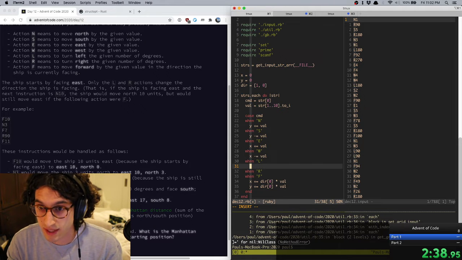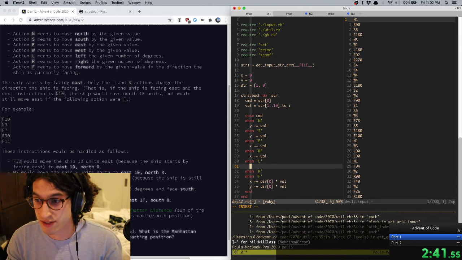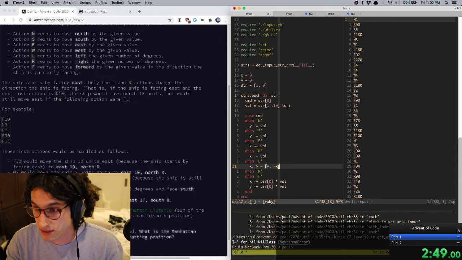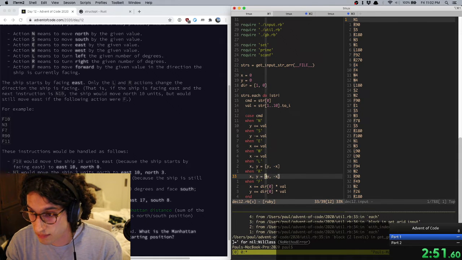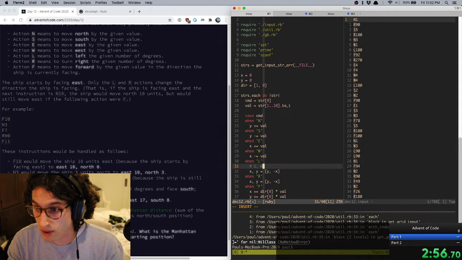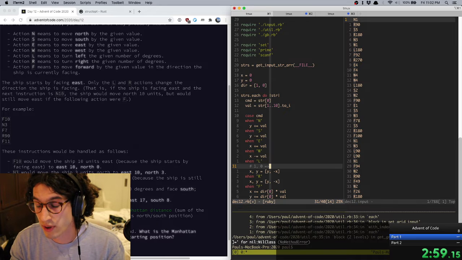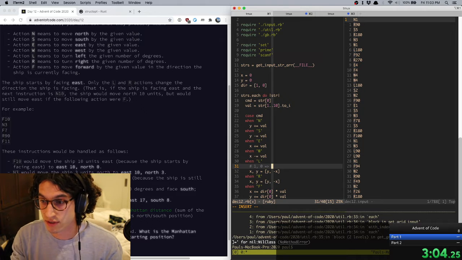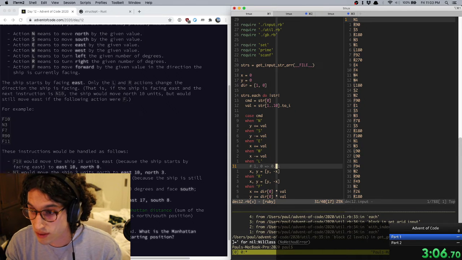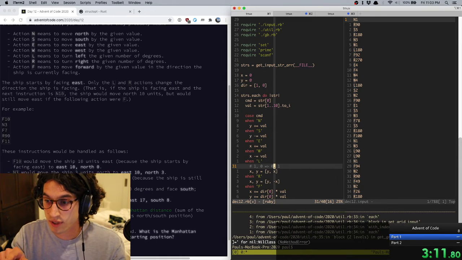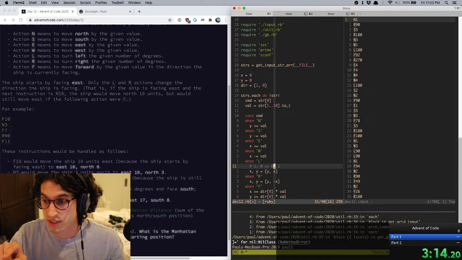Then left, it's a rotation matrix, but I don't know how to do that. x, y equals y, negative x. Let's just try that. Because when it's 1, 0, we want it to go to 0, 1 for left, and then when it's negative 1, 0, we want it to go to 0, negative 1.